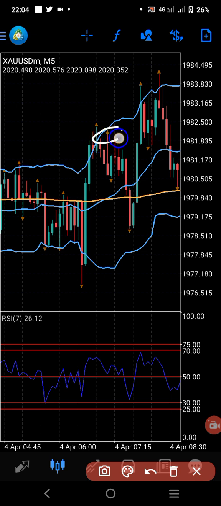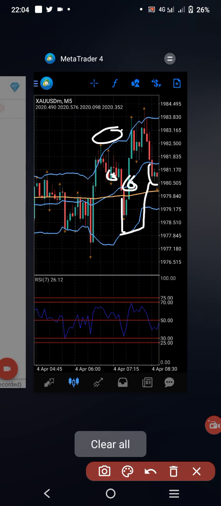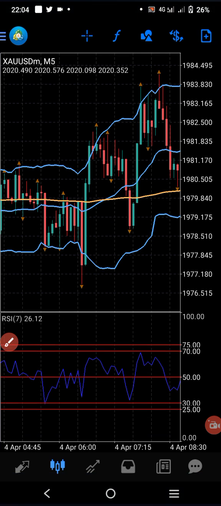So now that we have made our entry here, we can take our profit at this point, or at this point. Since we are not too sure of the signal, we can take our profit at this point or at this point. After we took our profit, the market actually flew down and took another move up again, which gave us a strong signal.